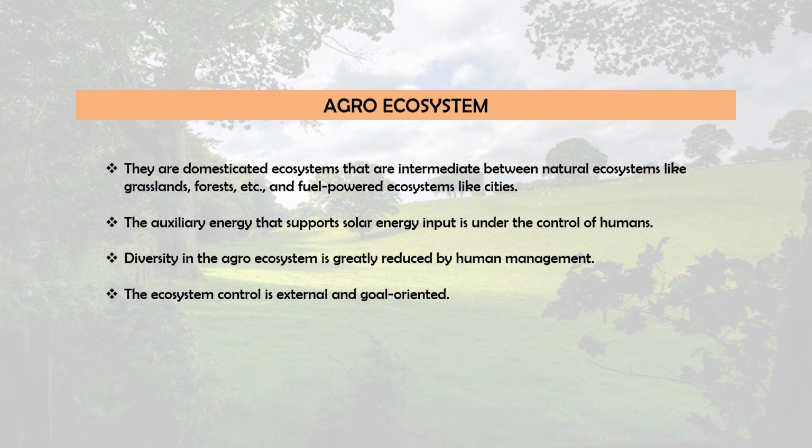This actually happens to maximize the yield of specific crops or products, and the dominant plants and animals are under artificial selection rather than natural selection. And the ecosystem control is external and goal oriented.